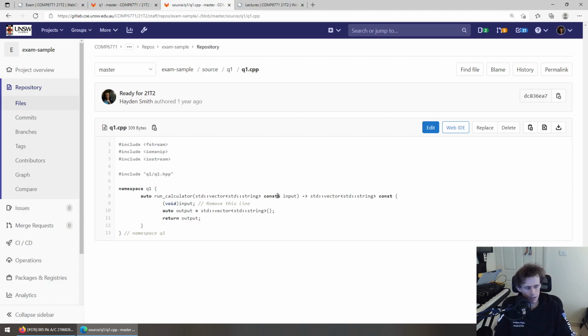If you send me an email, and you're a high achieving student who did really well in question 1, and in question 2 you had a compile error and you'd done half of it but it never compiled, and you're wondering if you can get partial marks, the answer is going to be no. We can't give partial marks for code that doesn't compile for non-trivial reasons. There's just no framework for that. You should definitely run your 6771 exam check.